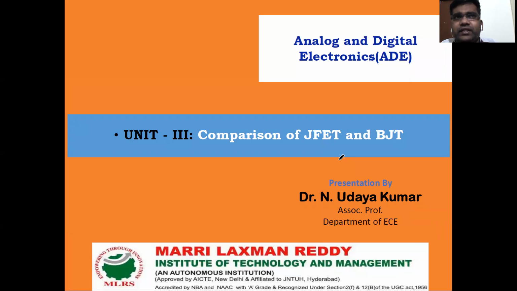Current conduction is only through the field, not junctions. In BJT, current conduction is through junctions. That's why we call this transistor a field effect transistor. These are the things we discussed in previous sessions.